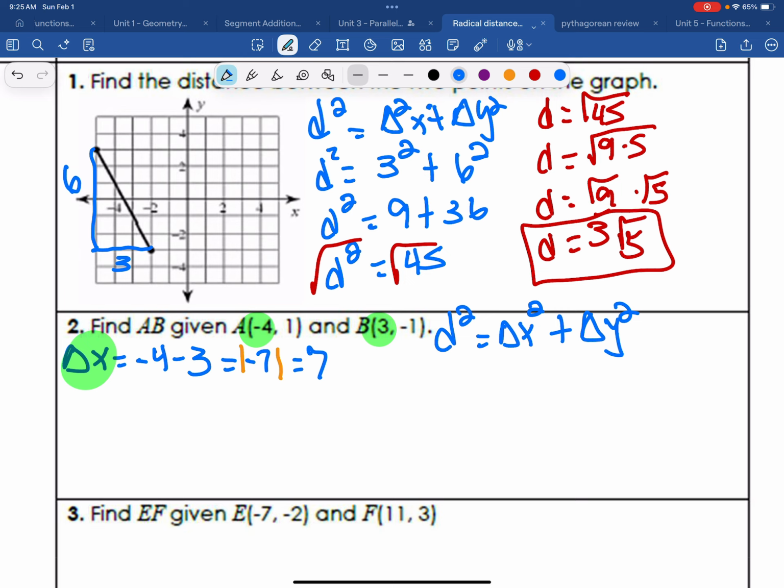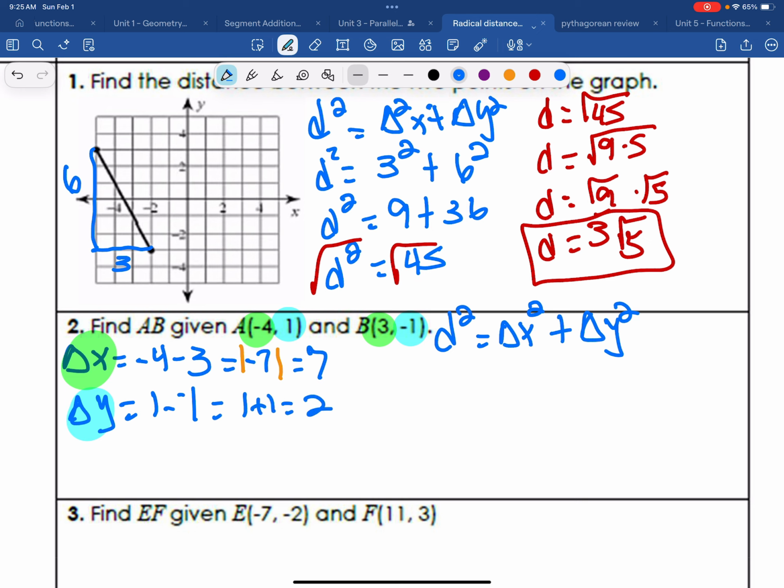All right, so let's take a look at the change in y. I got change in y equals 1 and negative 1. So I'm going to do 1 minus negative 1. A negative and a negative becomes addition. So that would be 1 plus 1, which gives me 2.